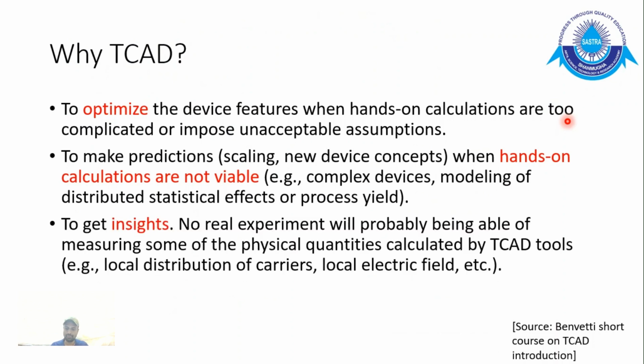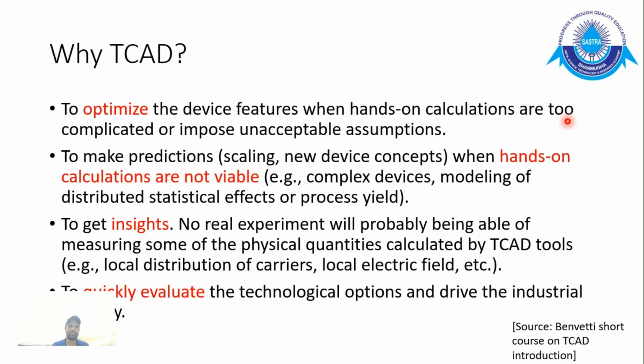Also to get insights into how the device works in a very detailed way. In real experiments, it's very difficult. You can't see how the electrons move in a real device. You apply voltage in a PN junction, you can't see the electron movement. At least right now, we can't see it, right? But in TCAD, you can see how the electron moves, how the hole moves. That gives you a lot of insights. And also to quickly evaluate the technological options, because I told you a lot of options will be there. So to pre-screen them, it helps.